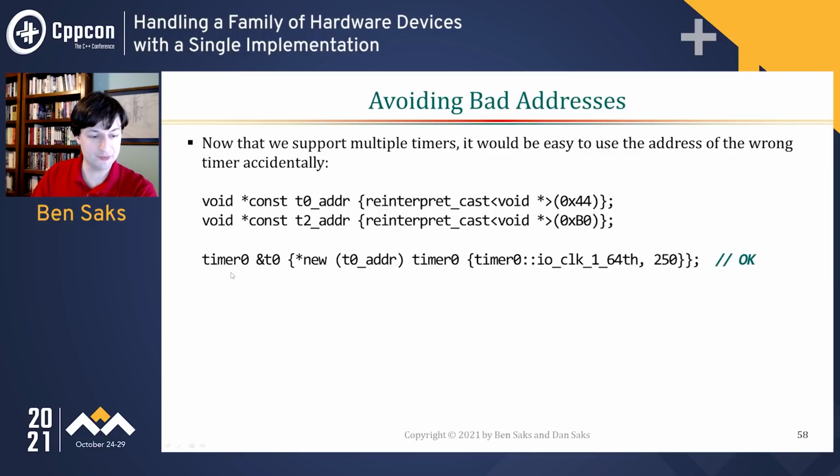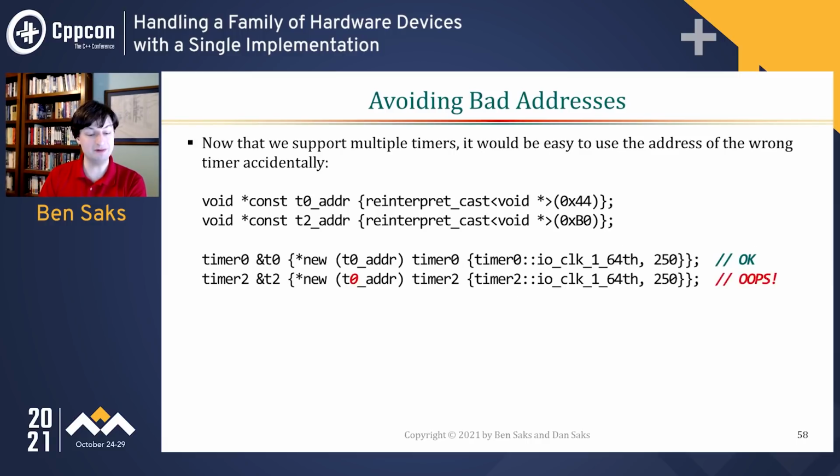So when they create timer 0, they are using placement new here to create this timer 0 object at a specific memory location, which is the memory location that the hardware has designated as being the registers for timer 0. If they do things this way, this all works fine. No problems there.